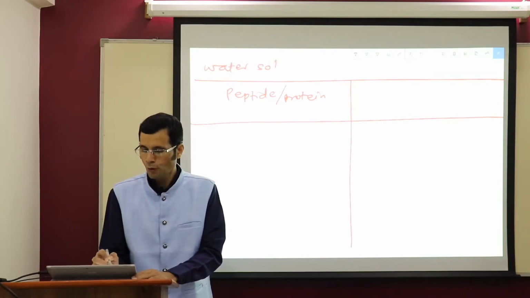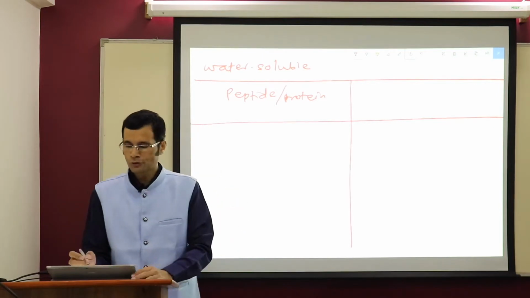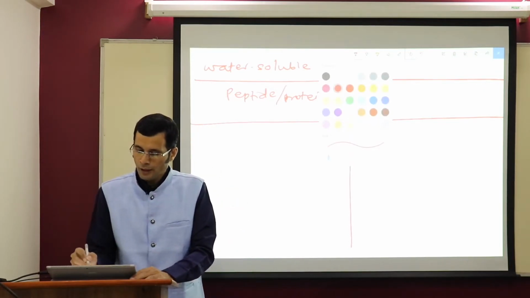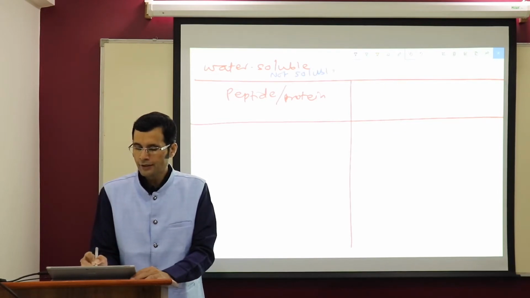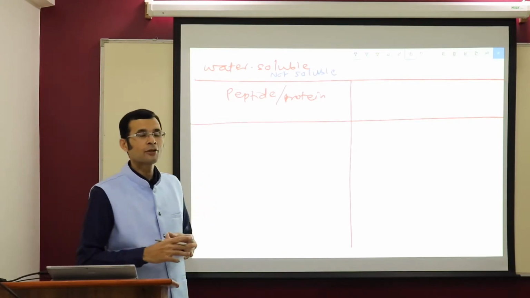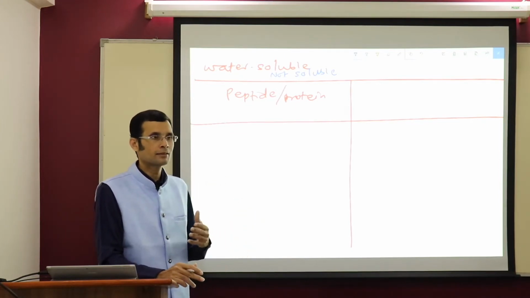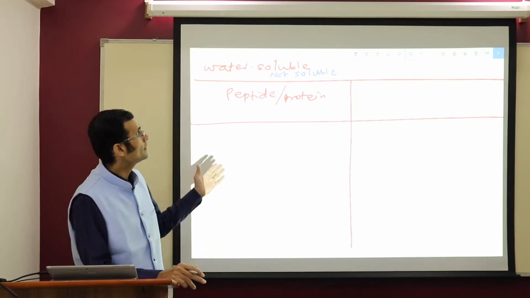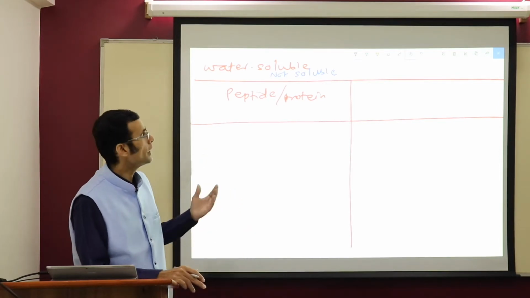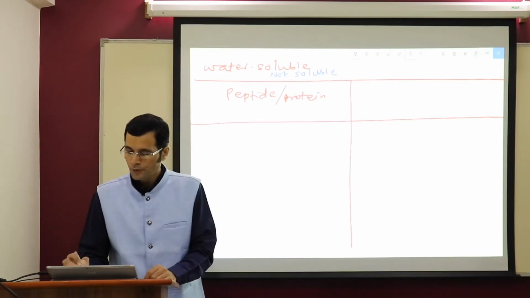They are water soluble, but they are not lipid soluble. So the point is that they cannot cross the cell membranes easily. You know, our cell membranes are made up of lipid bilayers, but since these are not lipid soluble, they can't cross the cell membranes easily. This should be kept in mind.